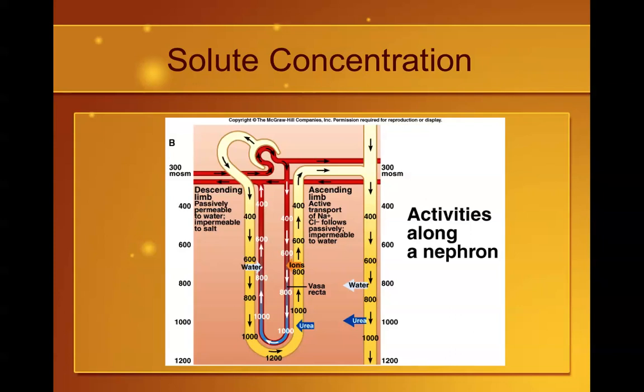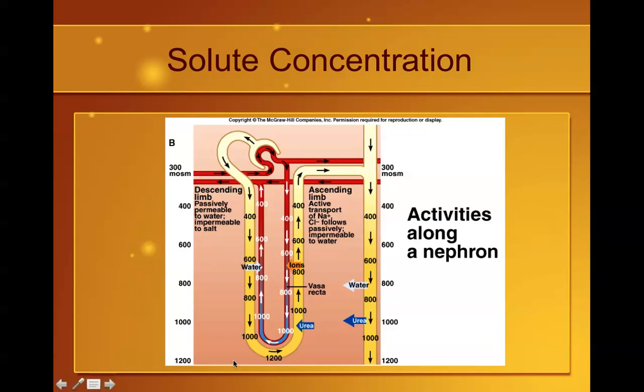So what's happening here in the ascending and descending loops of Henle is that you're going to use active transport to increase the concentration of the blood vessel on this side. Okay, so ions are being pulled across to intentionally increase the solute concentration of the blood.